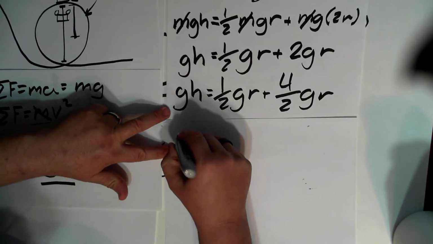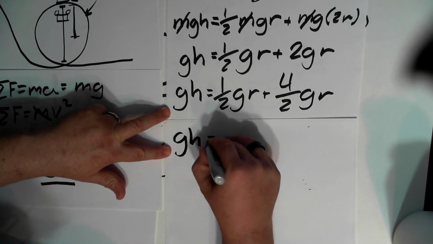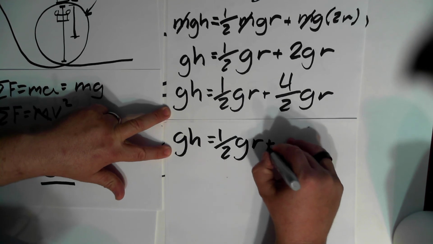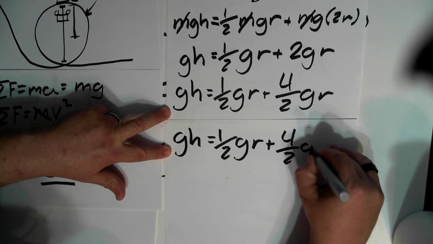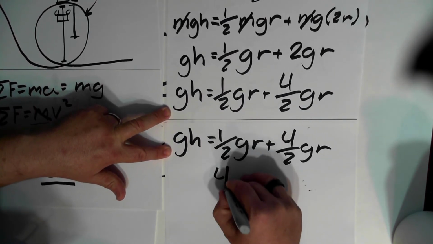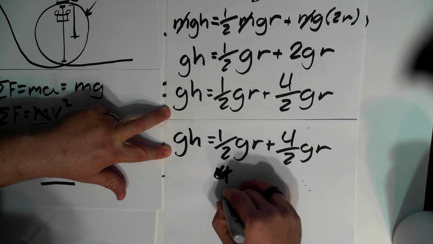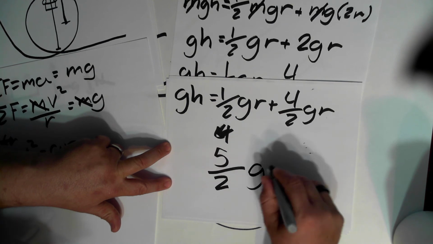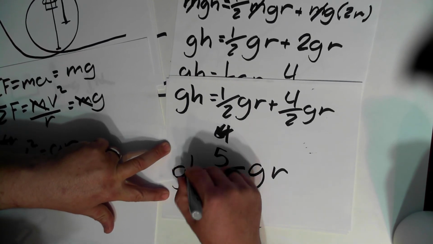So that means that gh is equal to 1/2 gr plus, which would give me not 4, 5 halves gr is equal to gh.